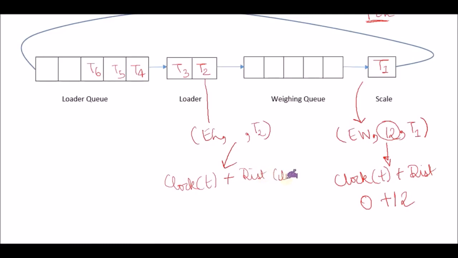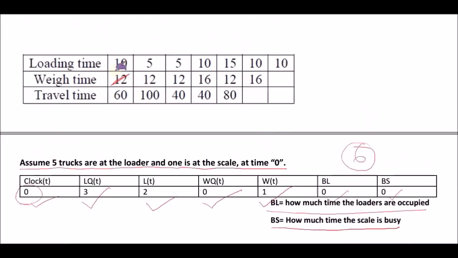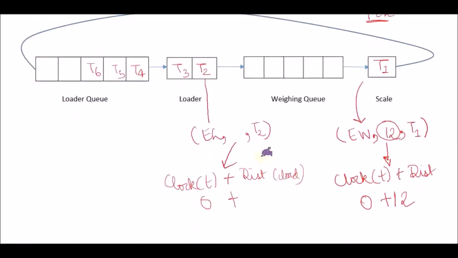So we have the distribution of the loading. So this is going to be 0 plus, now let's look at our distribution table for loading. That is going to be 10. So if we move down, that's going to give me 0 plus 10, and that is 10.